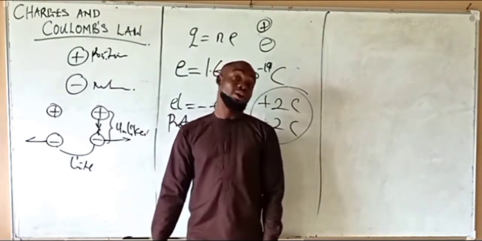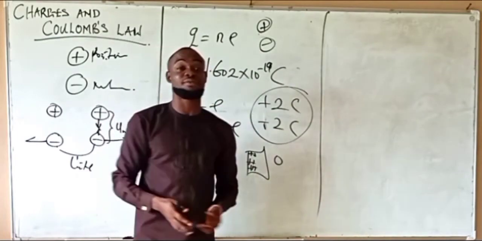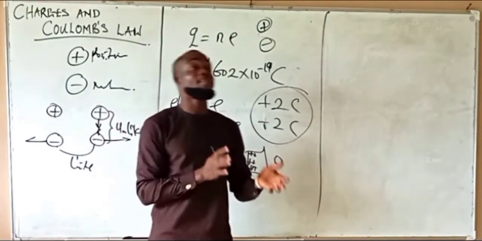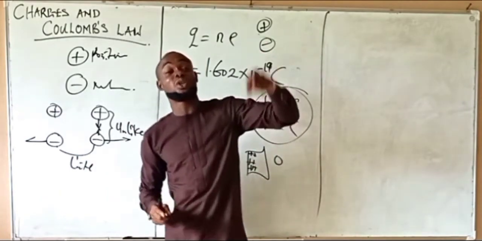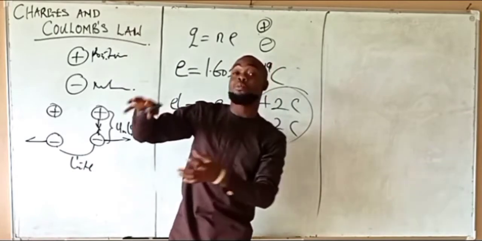That is a conductor. But a semiconductor has a negative coefficient, which means that as the temperature goes up, the resistance goes down.